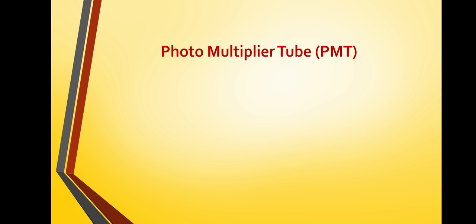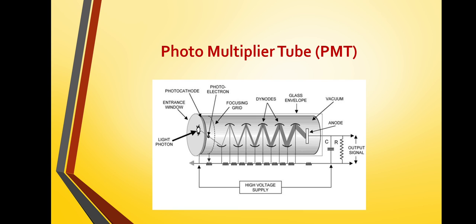Generally in spectrophotometer we use the photomultiplier tube as a detector. It is also called PMT. In photomultiplier tubes, the radiation coming from the sample strikes the photocathode. When it strikes the photocathode, electrons escape from the surface of the photocathode.